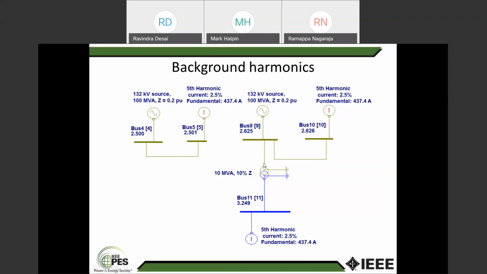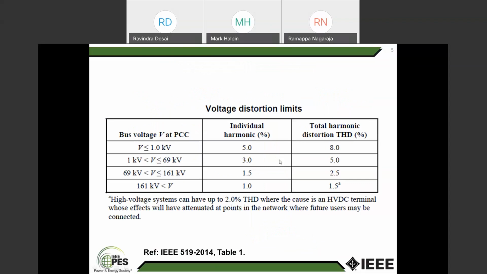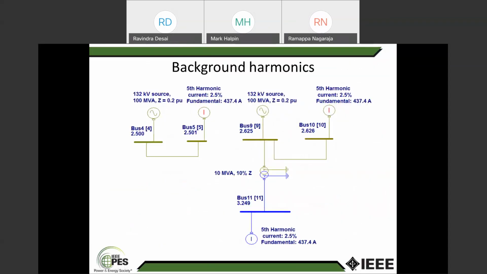What it means is, if there is a background harmonic in the grid, consumer cannot be responsible. But even though his current distortion is within the limit, current harmonics are within the limit, the voltage harmonic limit here may not be acceptable. Utility, while giving the new connection, he has to check what to do. That is what is very important. Utility perspective is the voltage harmonic distortion. The consumer perspective is current distortion.